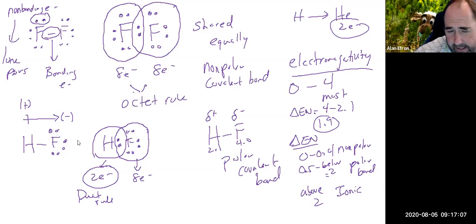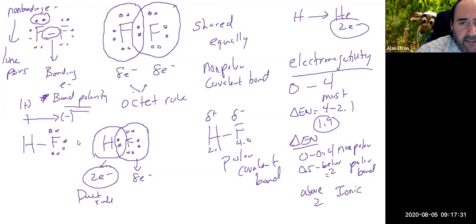And what we're talking about here is what is referred to as bond polarity. Not to be confused with molecular polarity, which we'll talk about in a later chapter. Bond polarity is using that difference in electronegativity values to help us understand what type of bond we're dealing with.